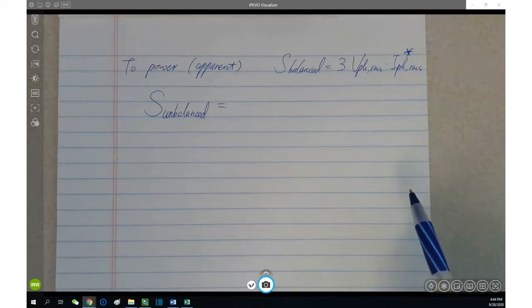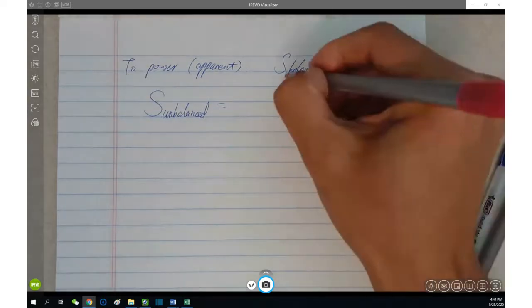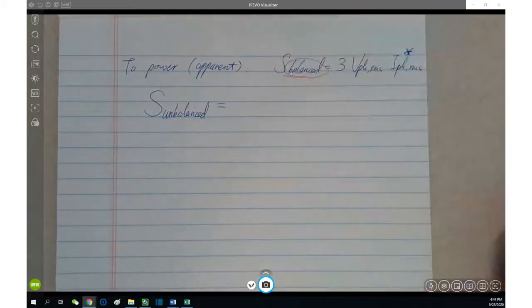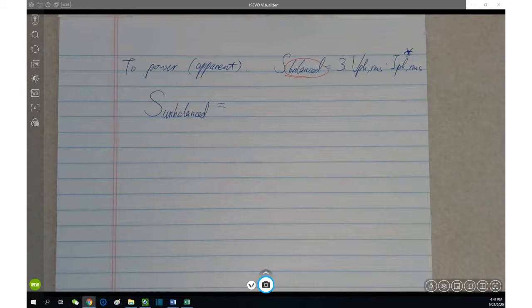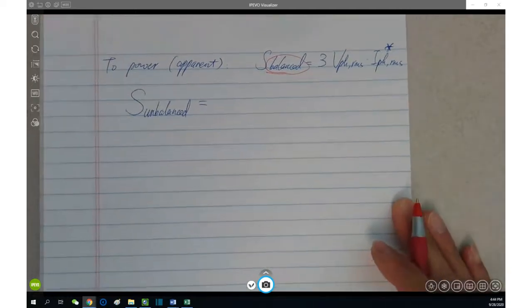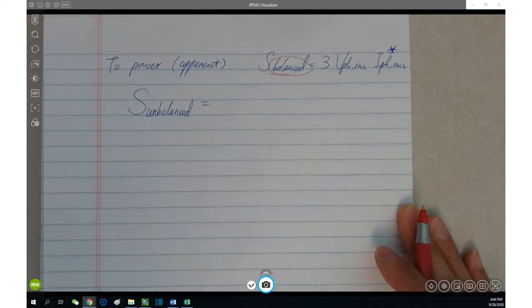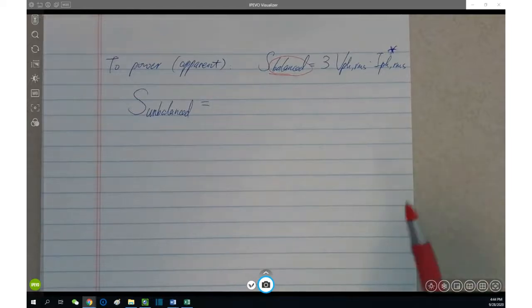However, here I'm emphasizing this is balanced. What does it mean by balanced? Three-phase voltage and three-phase current have the same magnitude, 120-degree phase shift. So those are balanced.